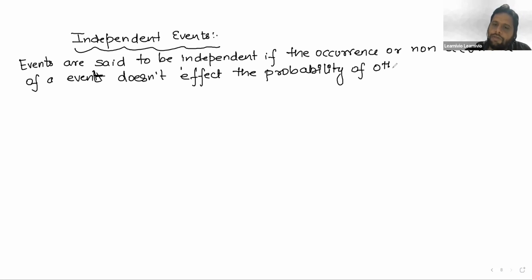Okay, events are said to be independent if the occurrence or non-occurrence of an event does not affect the probability of the other.